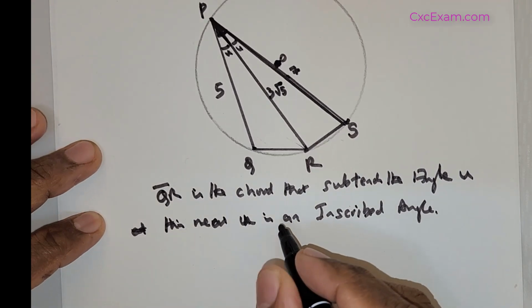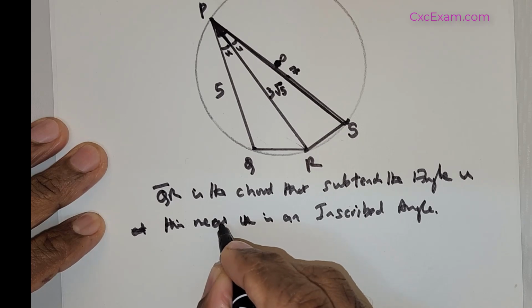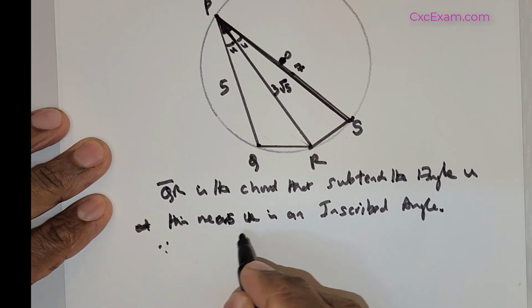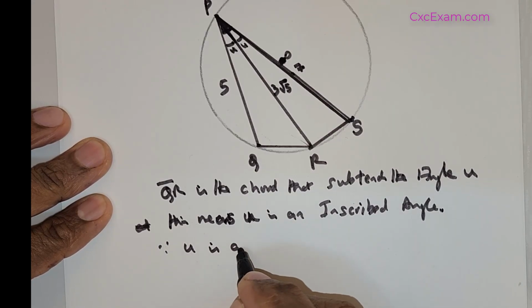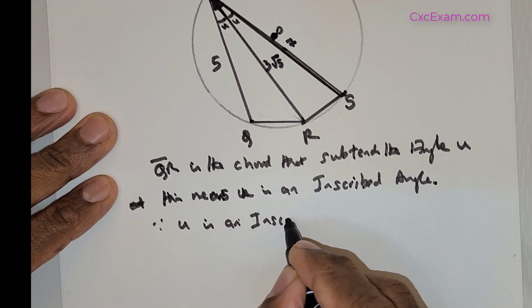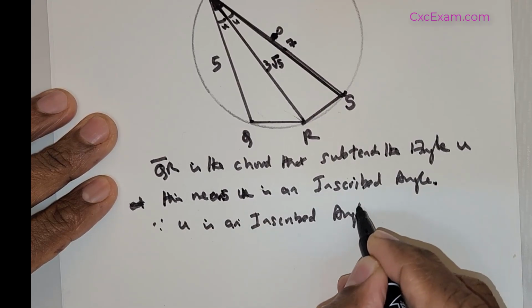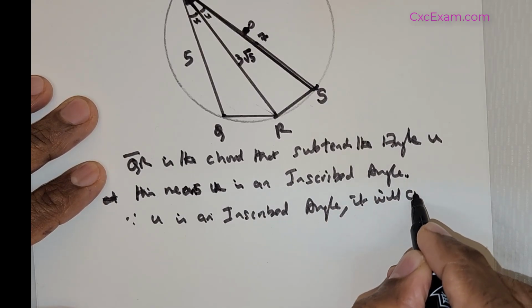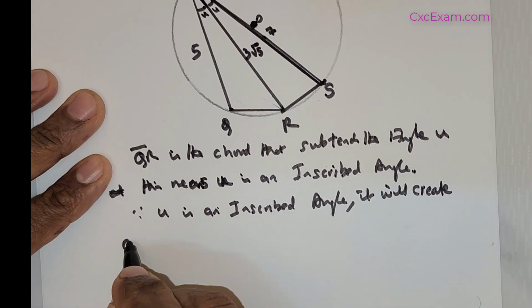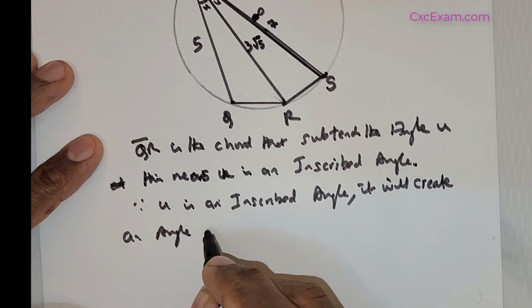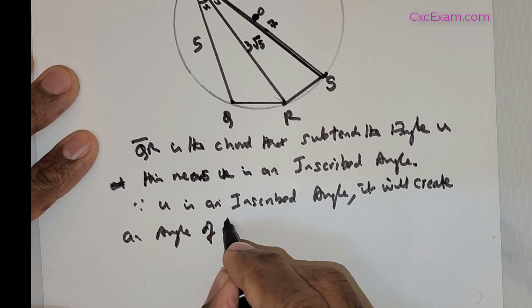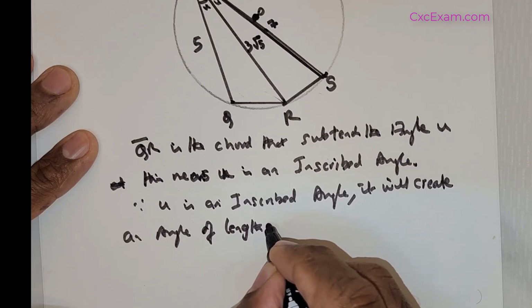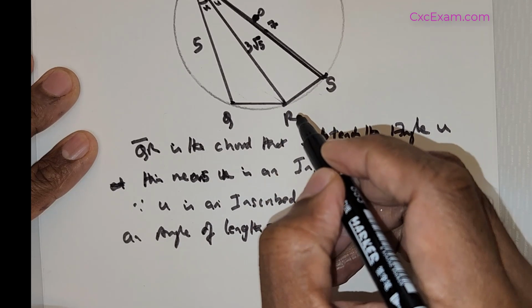Okay, now since U is an inscribed angle, it will create an arc of length equal to 2u.